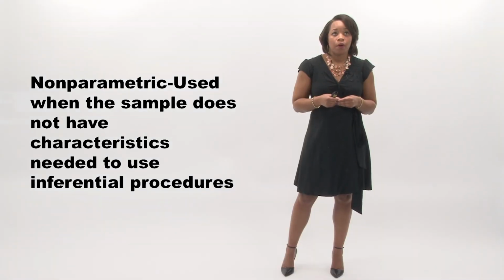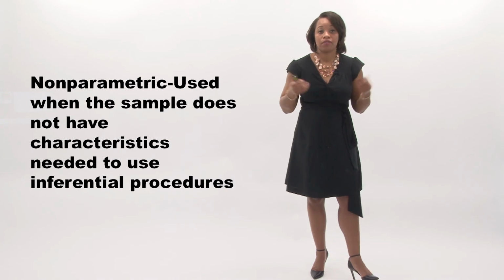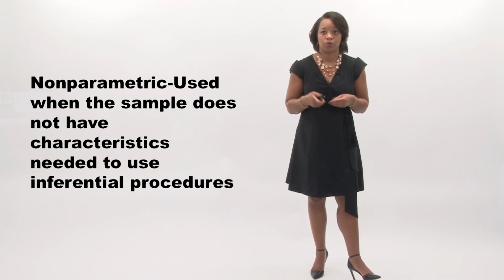Height or weight or something, or name would be a better example of where you would use a different type of procedure. Instead of an inferential statistic, if you're going to use a non-parametric data collection model, you would use that for something like the name or student or the type of student.